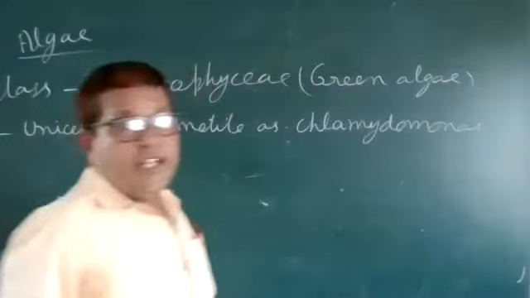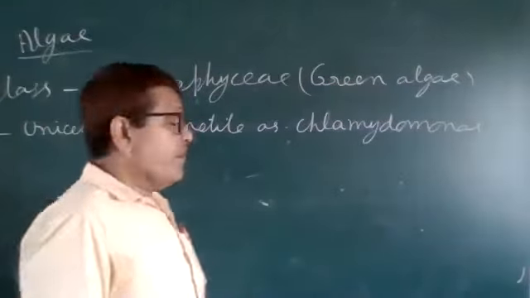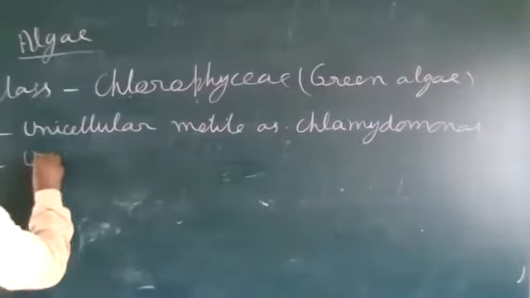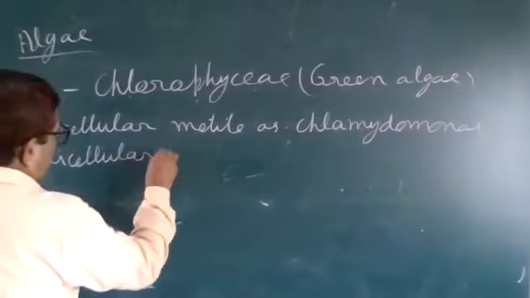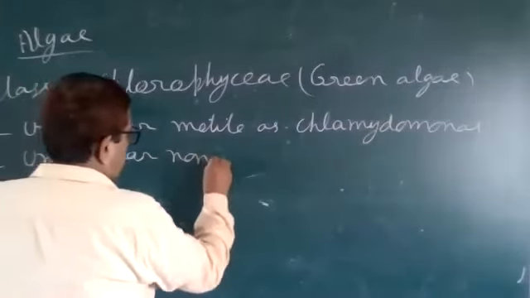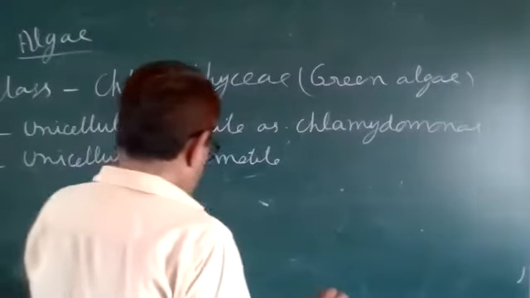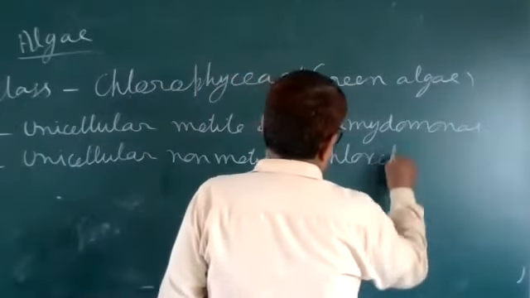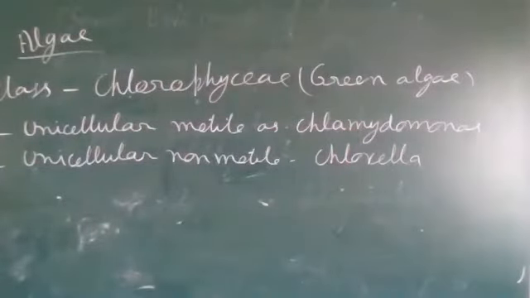It is Chlamydomonas, which is unicellular and motile. Next one is unicellular non-motile. This is Chlorella, which is unicellular non-motile.